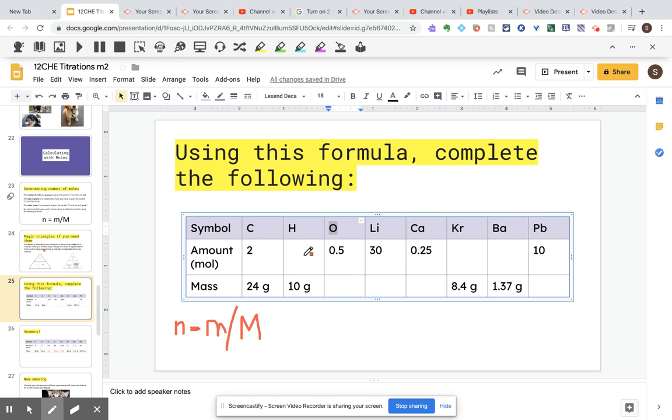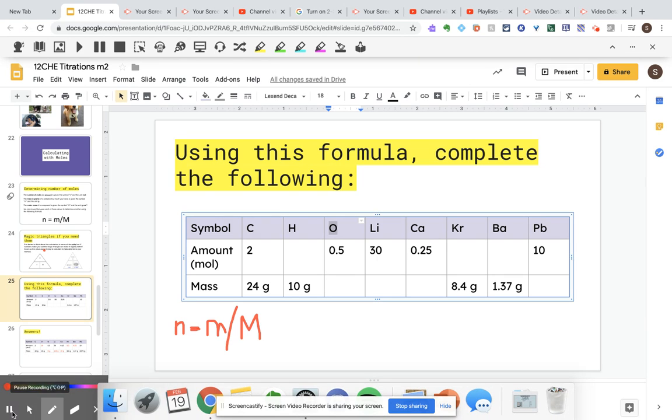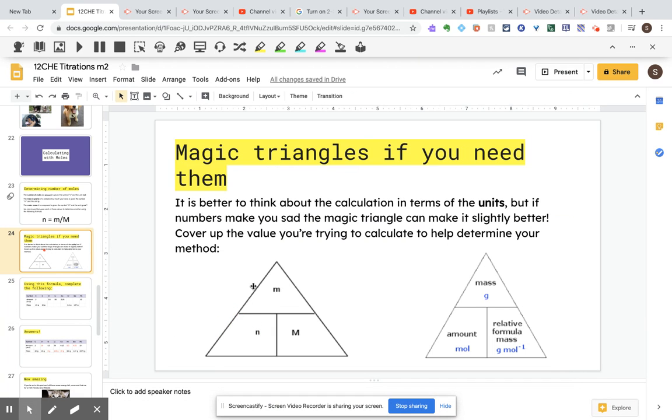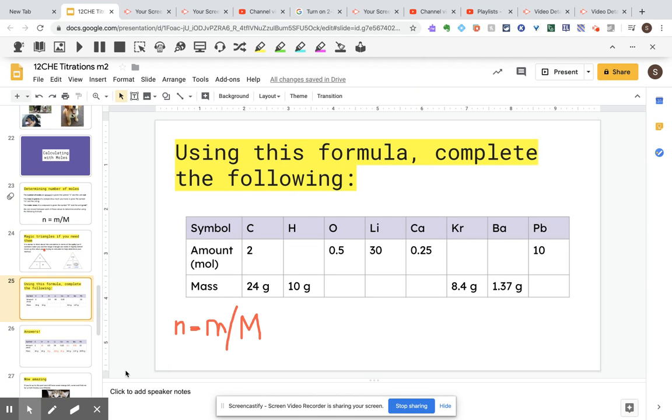So I'm trying to find my mass. So I am going to cover up my mass kind of in my head, and I am going to multiply my number of moles by my molar mass. So my molar mass of my oxygen is 16 grams per mole. I know that from my periodic table.